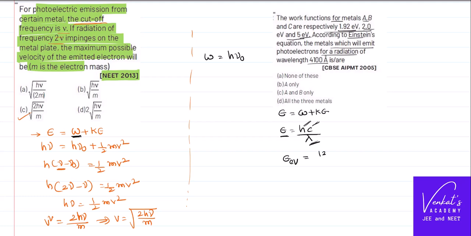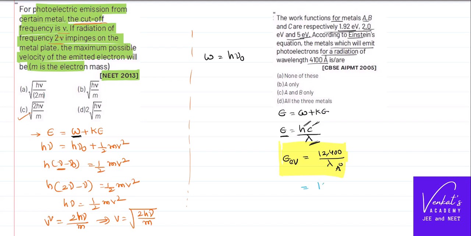After substituting and converting, the final equation will be like this. This is the equation that we have derived mathematically in the playlist of the chapter. You can remember this equation, otherwise you can substitute, calculate, and get the same equation.